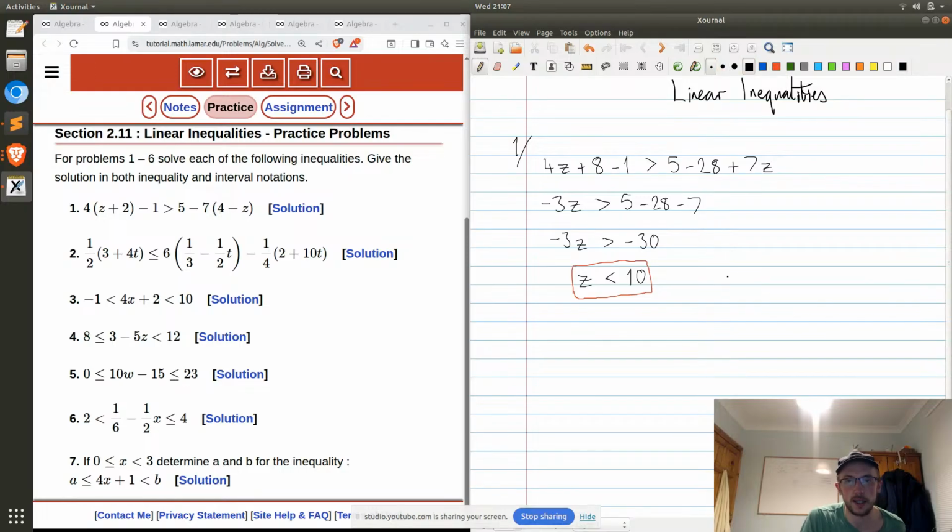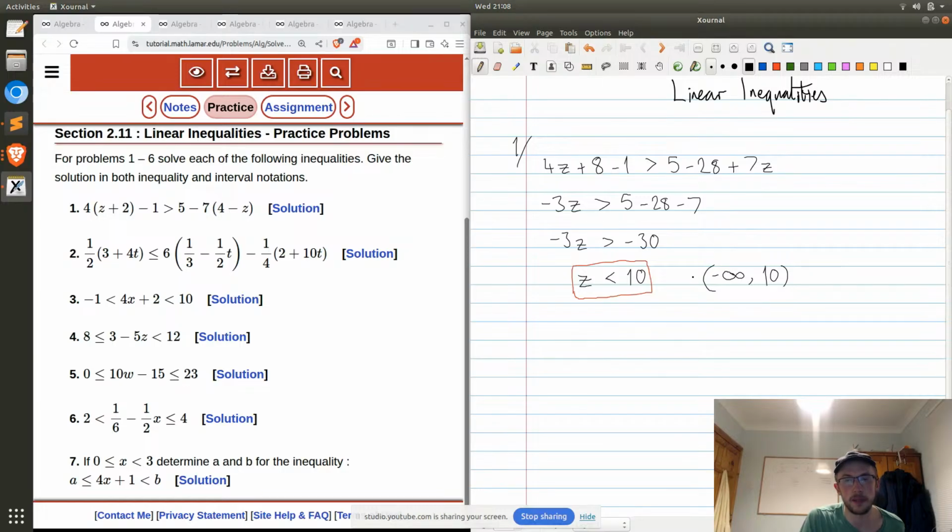So I declare something along these lines. Negative infinity, comma, 10. Now, I can't include negative infinity by definition, so that has to be a rounded bracket. And for this one, do I do a rounded bracket or a square bracket? Well, I don't include 10, so it should be a rounded bracket.